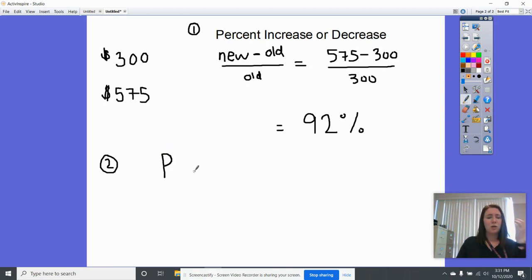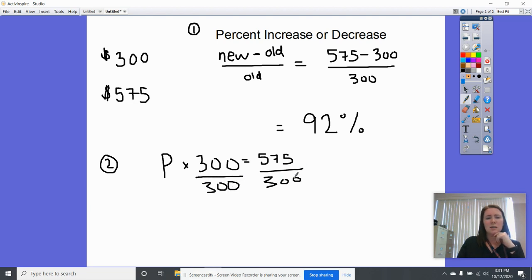Maybe we'll call it P for our unknown percent, times the original number, which was 300, equals the new number, which is 575. Then we divide by 300 on both sides. And P equals, I'm going to use my calculator, 575 divided by 300. That's going to equal 1.92, which I changed to a decimal, is 192%.